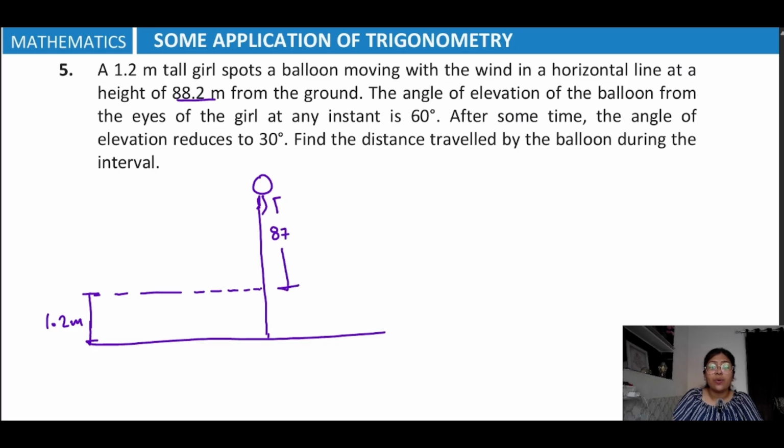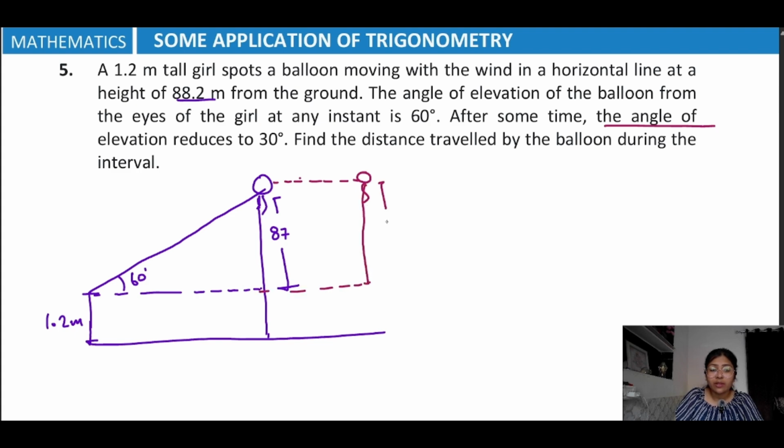Yes. The angle of elevation of the balloon from the eye of the girl at an instant is 60 degree. This is 60 degree. After some time, the angle of elevation reduces to 30 degree. The balloon is moving like this. After some time, the balloon reaches this point.